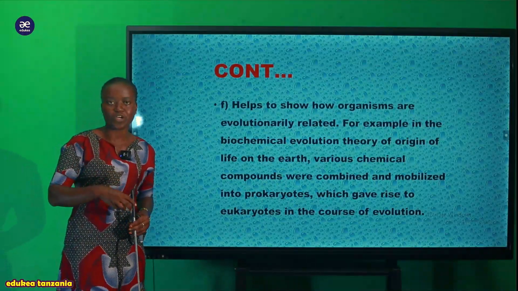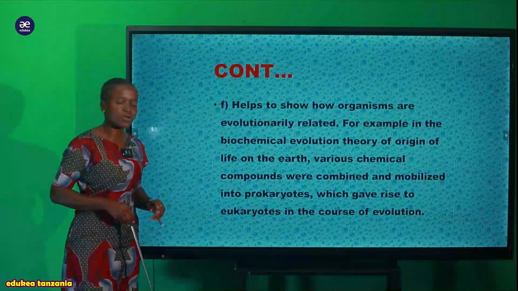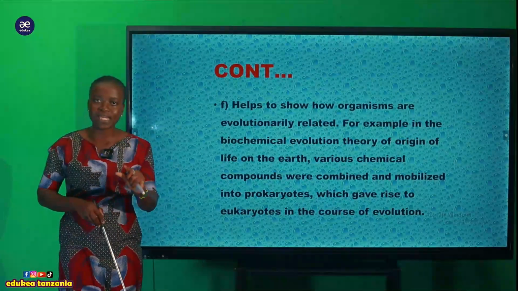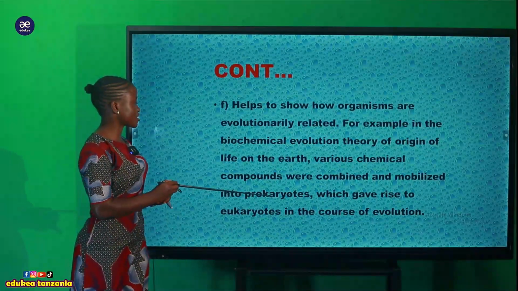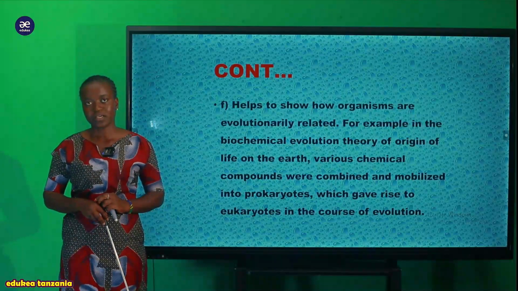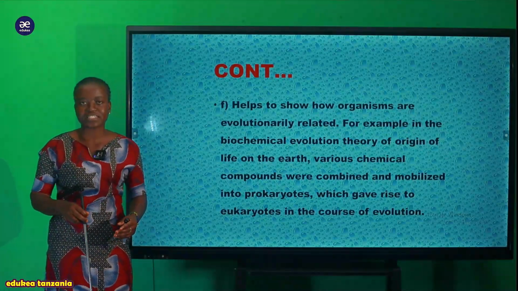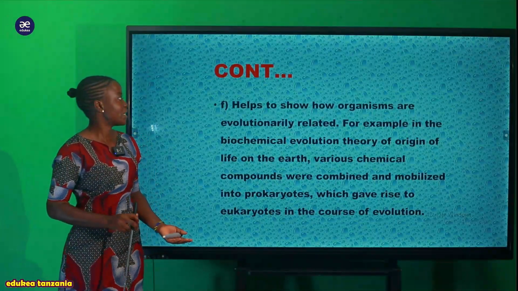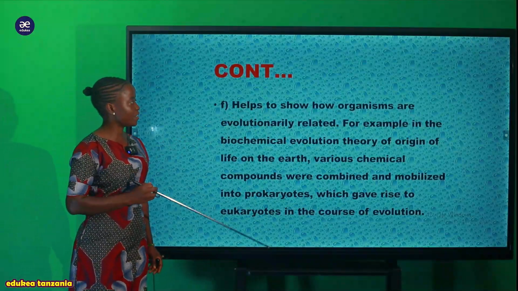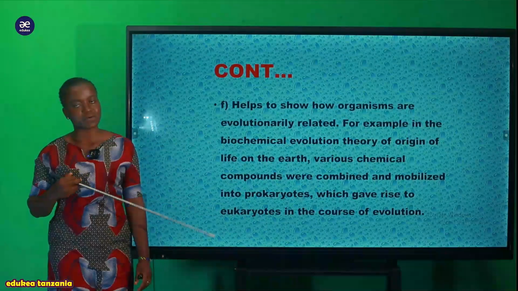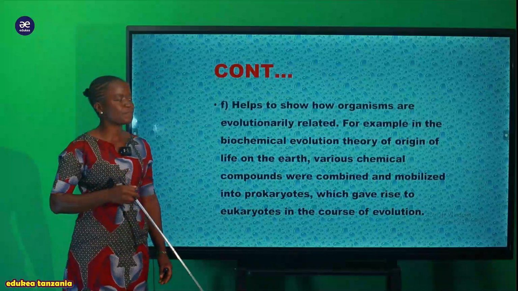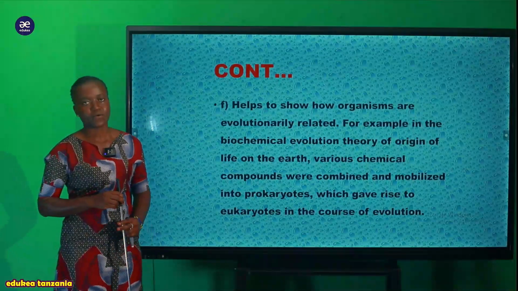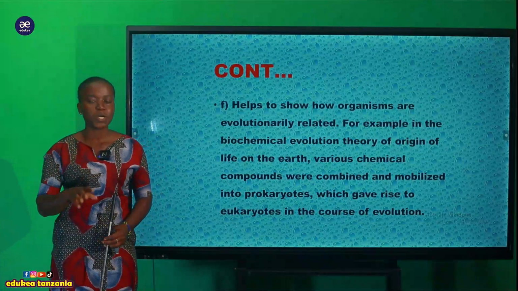So the function of mitochondria that is found within the eukaryotic cell is similar to that which is found within a prokaryotic cell. So kutokana na hiyo evidence ndipo ambapo tunasema kwamba organism wote wanaopatikana within the earth, they come from the same ancestor, wametokea kwenye origin moja.